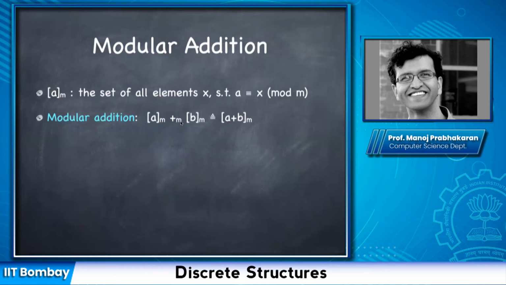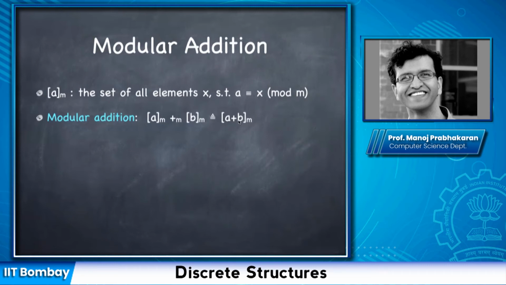So that's a definition. Given two columns, I can add them and get another column. How do I add them? Pick some element in this column, say A, pick an element in the other column, B. Simply add those elements as integers. It falls somewhere in some column, and whatever column it falls in, that is your answer. Okay, so it takes two columns and gives you a column as well.